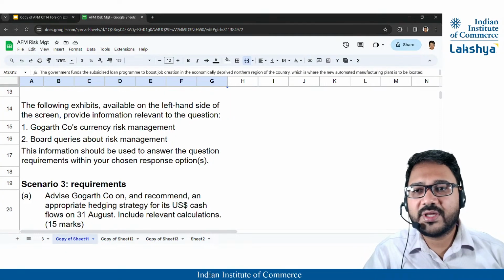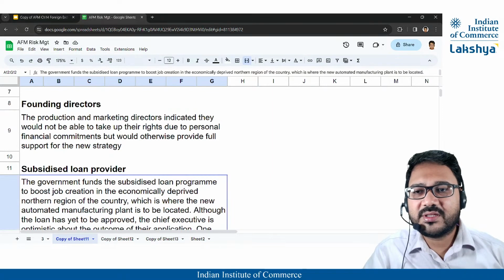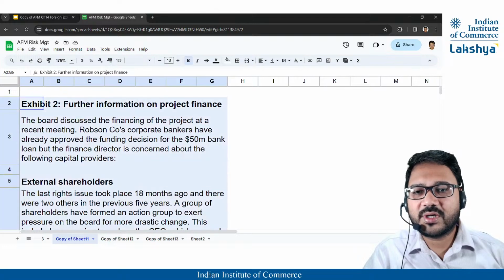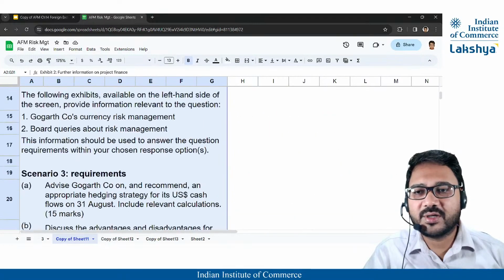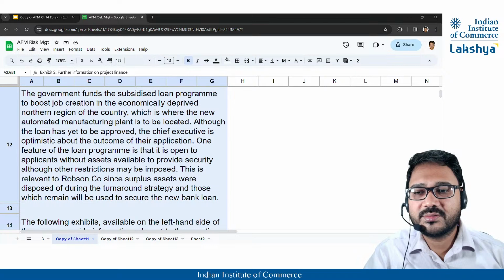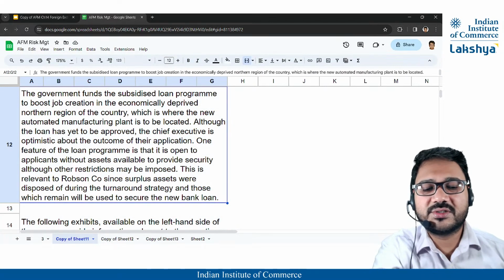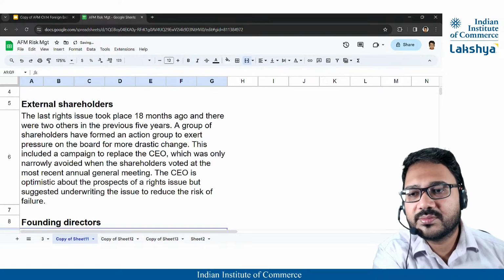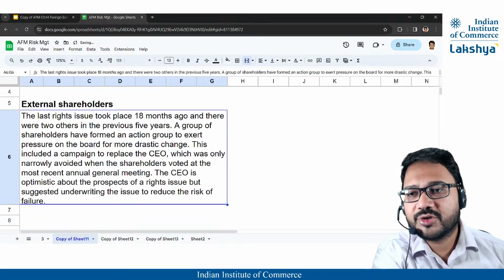The following exhibits are available on the left hand side. I think this is relating to another question altogether. Let me just delete this. This is a Robson company; we were doing another company. Sorry about this.